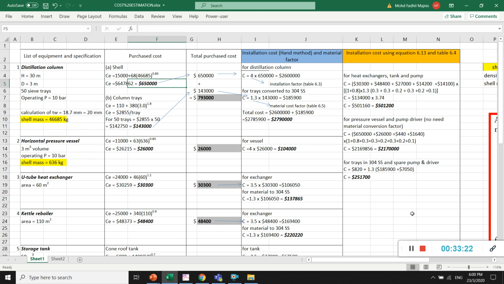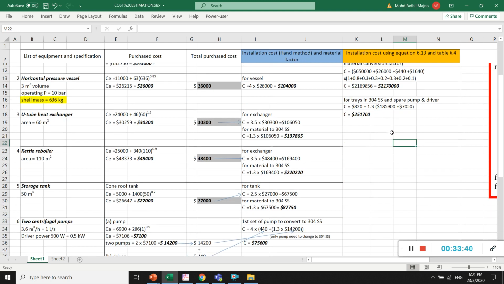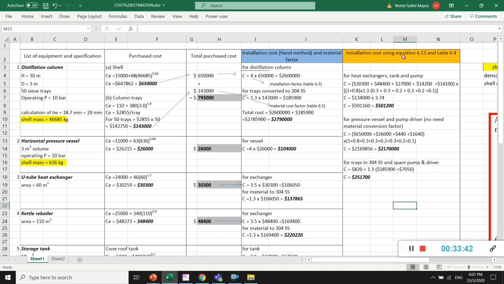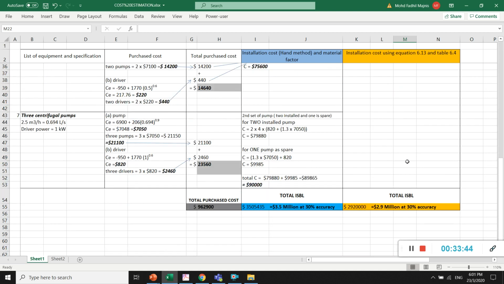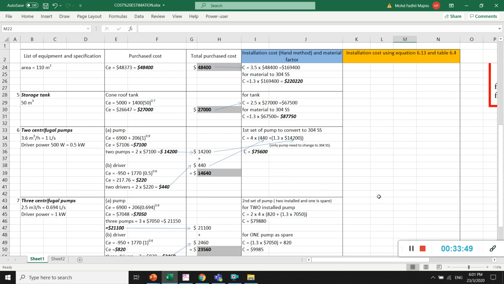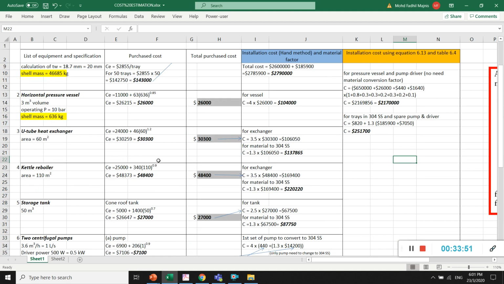It's more appropriate, as we can see which have been calculated and which not yet. It also clearly shows the comparison between the two methods and the equations we are using, which are equation 6.13 and table 6.4. It's more well organized.